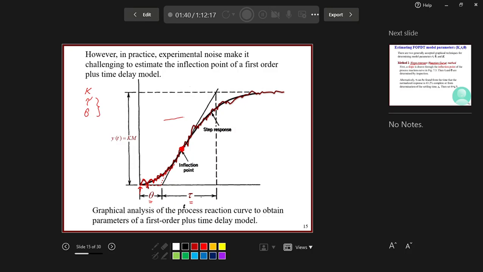You can see here that the curve is going up, but after the inflection point it is going down. The rate is increasing here, but now the rate is reducing. So it is sometimes challenging to find theta and tau from experimental data.